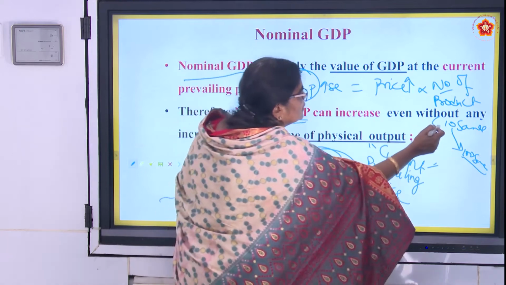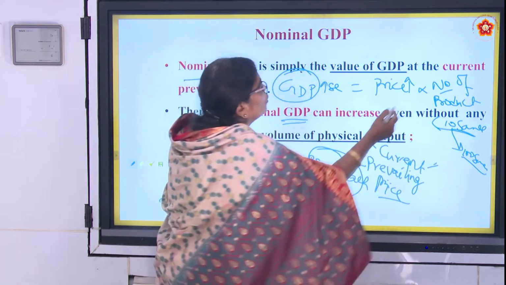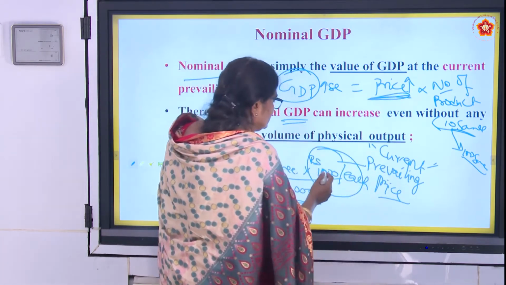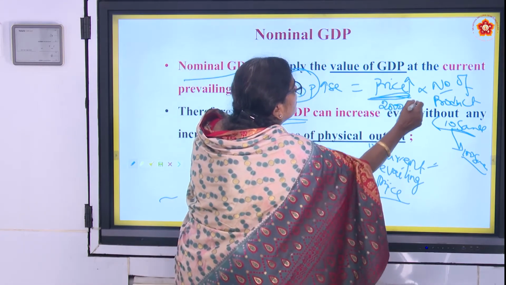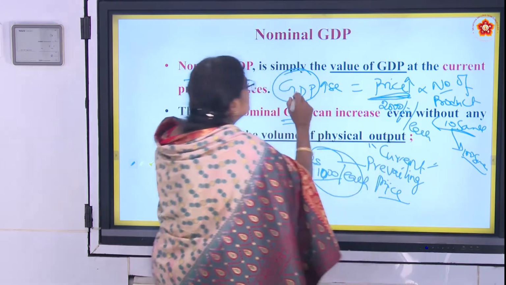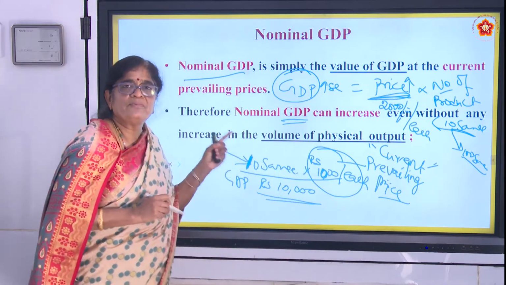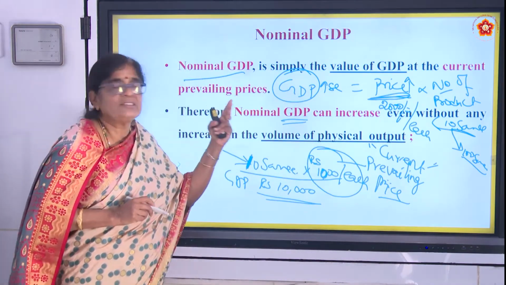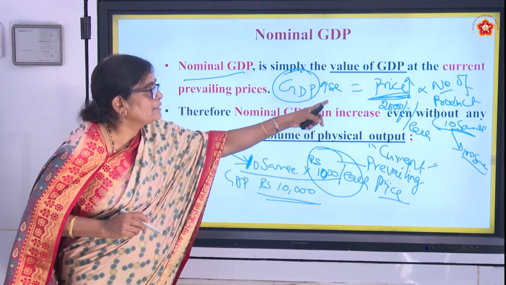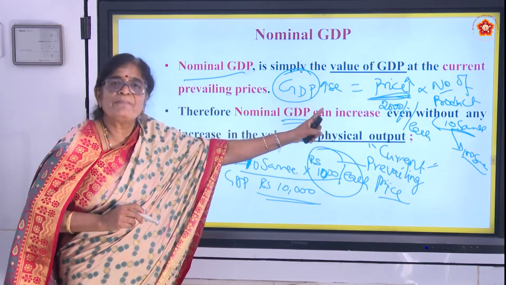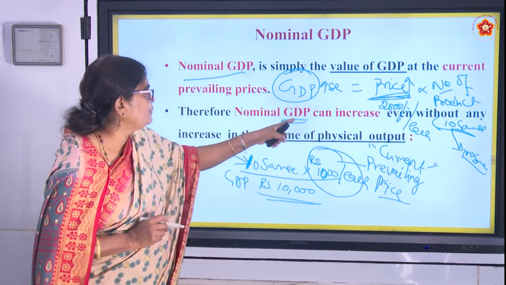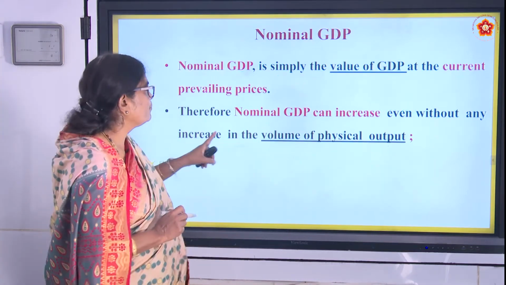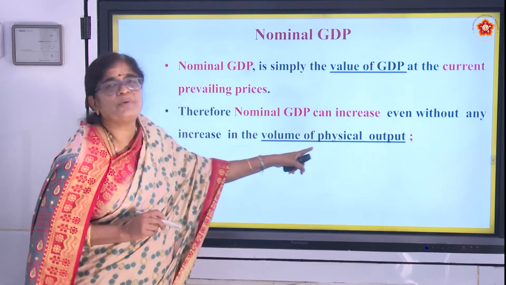Either the volume of product can change or the price can increase. For example, if the price is 2,000 rupees per sari instead of 1,000, then also GDP will increase. Therefore, nominal GDP depends on two factors. One is price, the other is the number of products or volume of production. Therefore, nominal GDP can increase even without any increase in the volume of physical output.